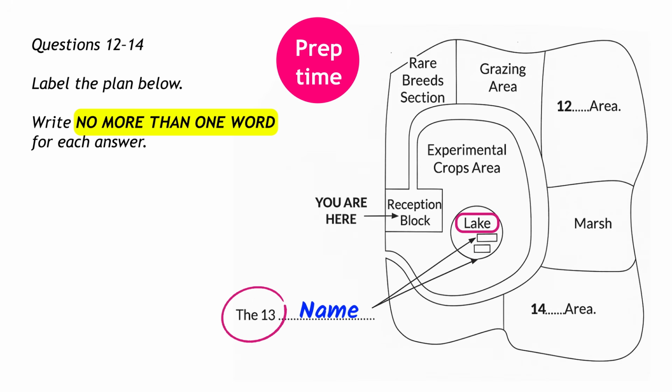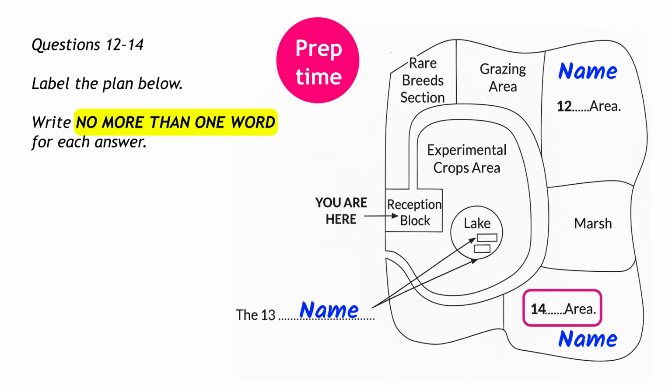It is a name, right? And at the top, there are 2 locations, rare breed section and grazing area. And to the, let's say, west is the name of the area for number 12. We should write the name of the area. And also for number 14, we're going to write the name of the area. So we are going to write 3 names here.